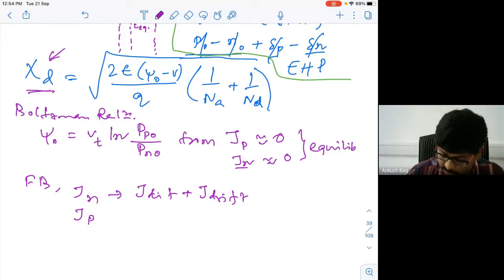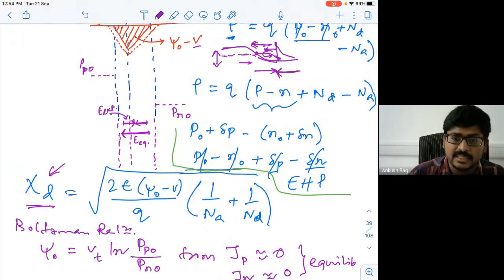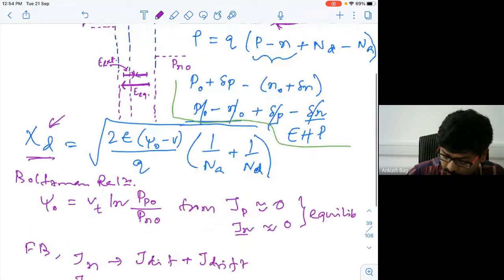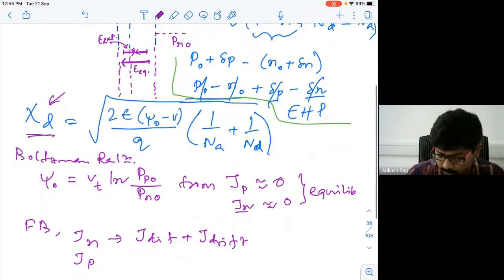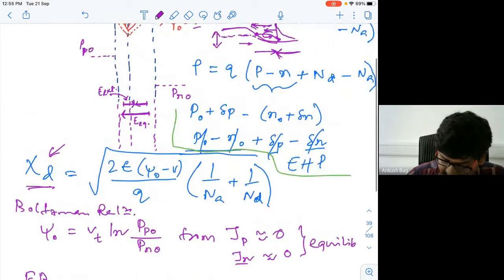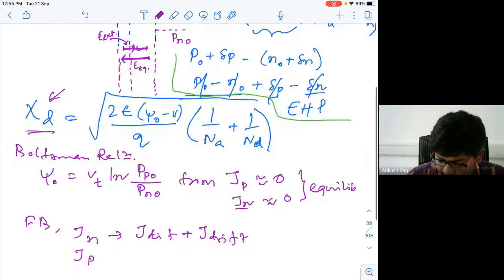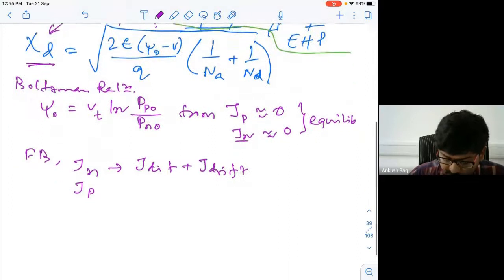Due to this cancellation, the resulting Jn or Jp will be very small. Due to diffusion the whole current is very high, and due to drift of holes the current is very high. But since we have this cancellation, the resulting total current Jp due to holes or total current due to electrons will be very small.